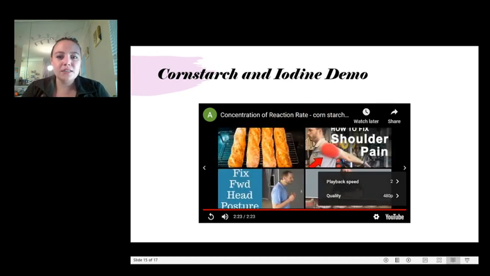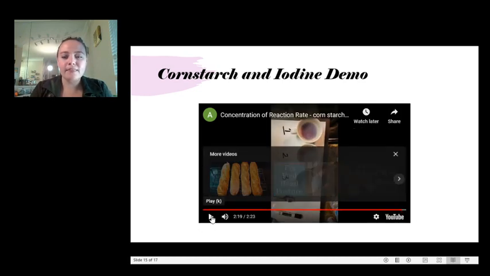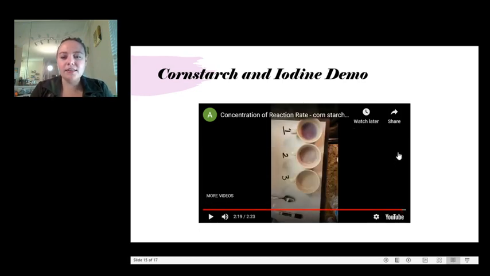So as we can see in number 1, it's the darkest, and so we have the strongest reaction there because we have more molecules able to interact with that iodine. We have more molecules that can cause this reaction, so we see a stronger reaction.